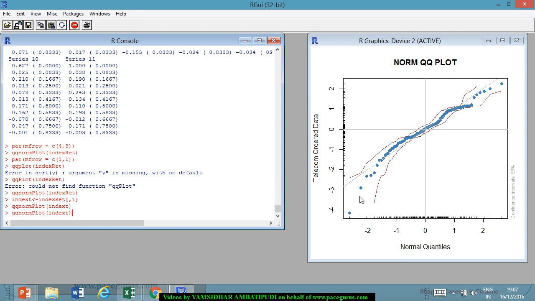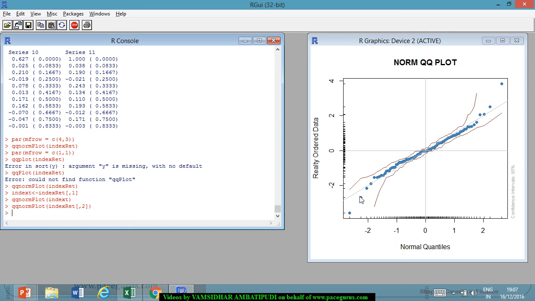So the same logic, if I go from index ret, if I start looking at each of the columns separately, let's say for the second column, this is how the real estate is coming out. You see some kind of deviations from normality out here.